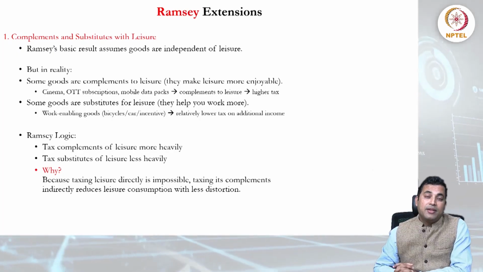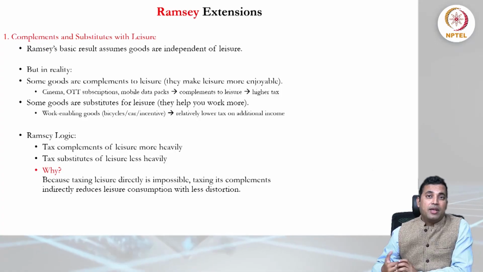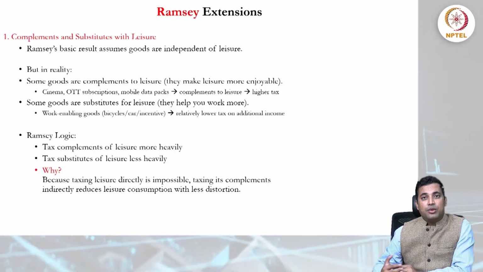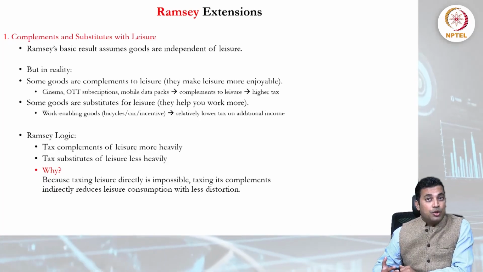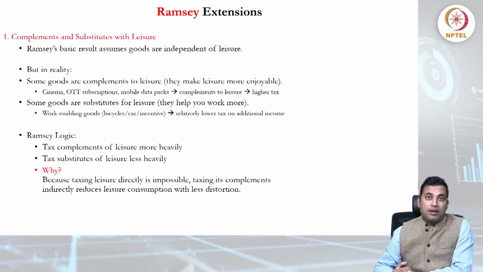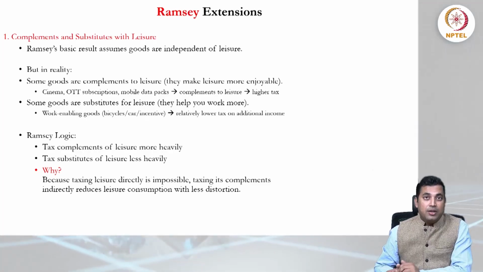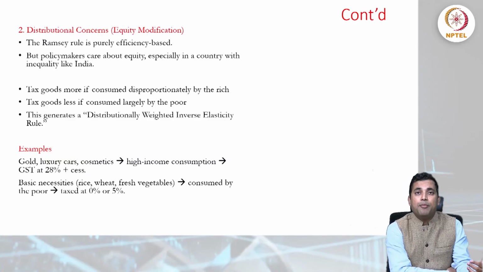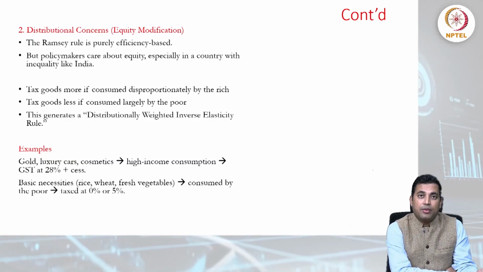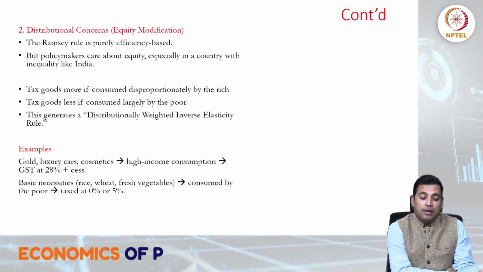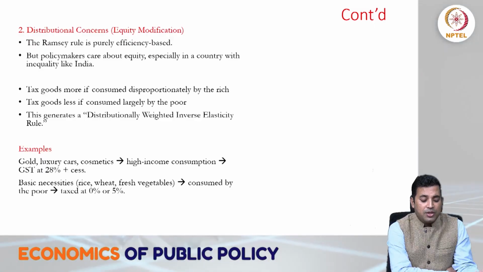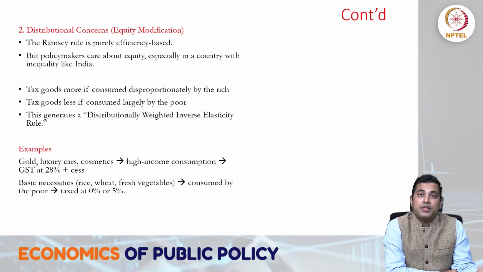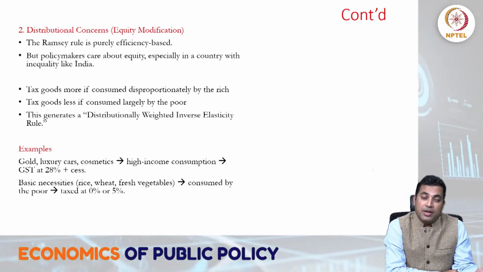Therefore policymakers, when they design taxes, should be really careful about which goods are identified as connected or linked to leisure. Now let's move further. The second point I would like to discuss while extending Ramsey's discussion is distributional concerns. Ramsey's rule is purely efficiency based, which we already discussed.